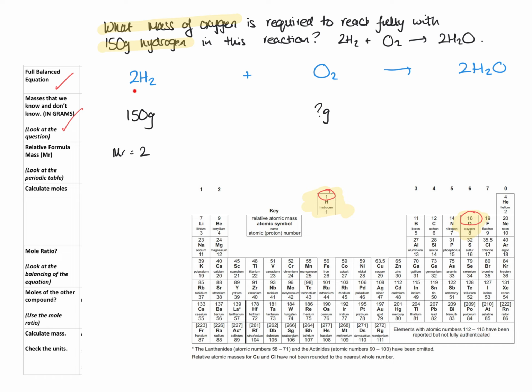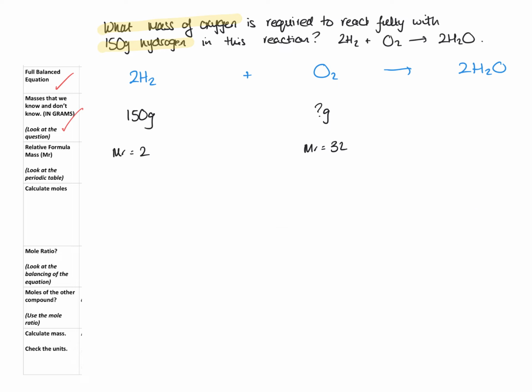The formula is anything including letters and small numbers, so that's what you're actually calculating the formula mass of. Oxygen, also diatomic, comes in twos, so we're going to take the 16 and we're going to double it, so the MR for the oxygen is 32. And the periodic table has done its job, so we're going to get rid of the periodic table. Let's delete that. And we have now done this step here, which is to calculate MR.